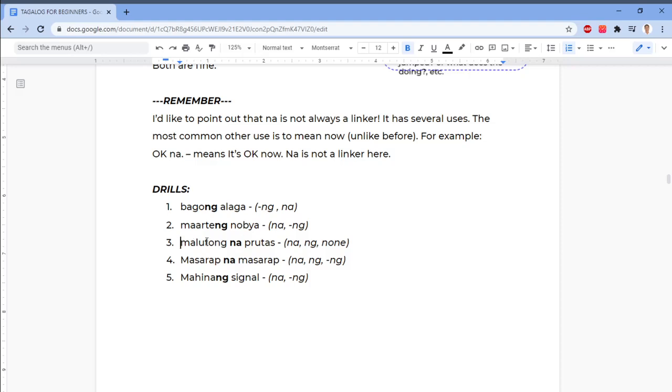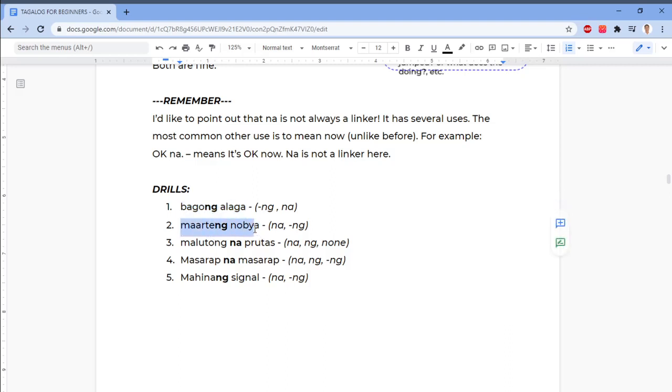If you might be wondering why this one is na: maluto means to be cooked. If you add another letter, it becomes malutong, which means crunchy. Bagong alaga means new pet.